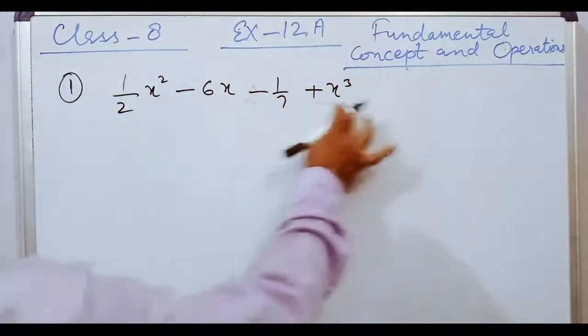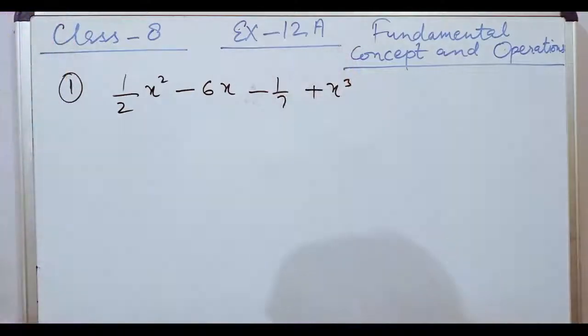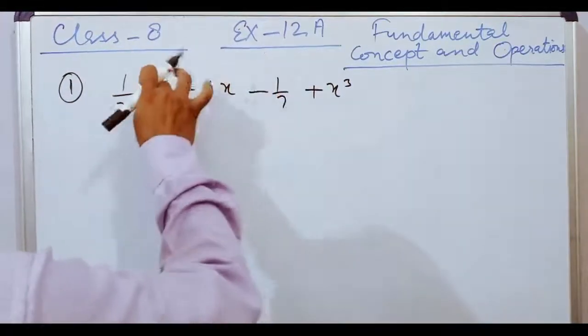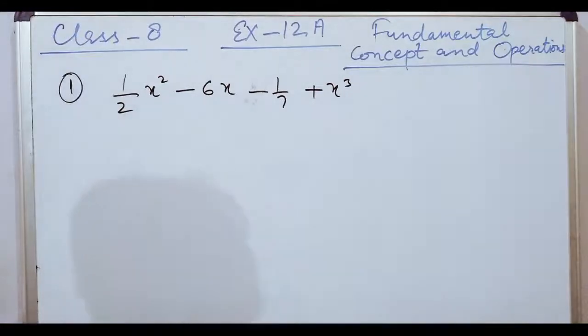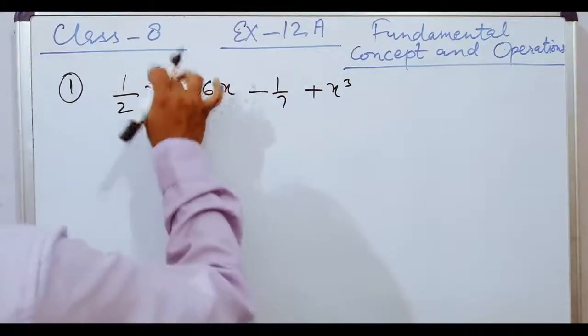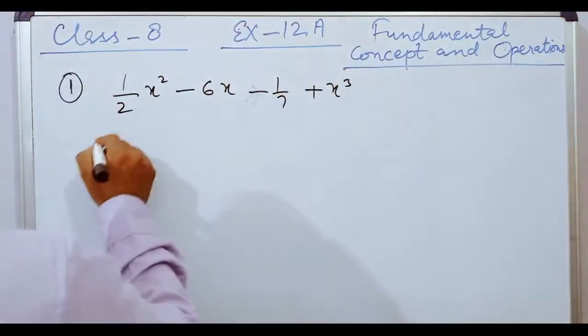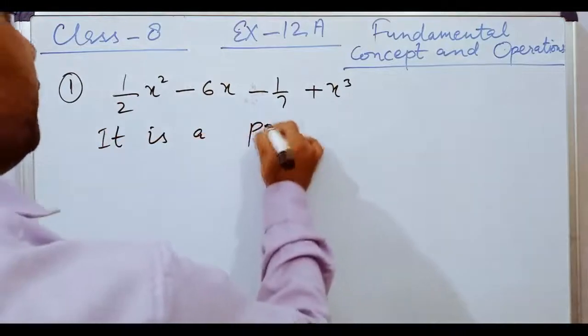For polynomial it is compulsory that power of variable should be positive integer, and here power of variable 2, 1, 3. So it is a polynomial. Why? Because exponent is positive integer. It is a polynomial.